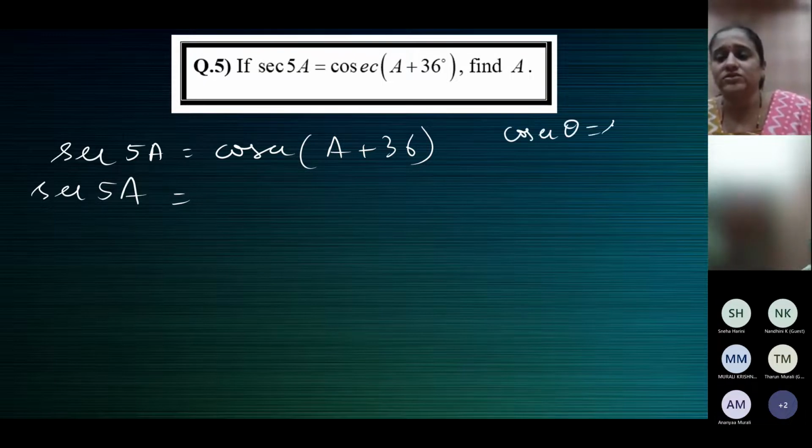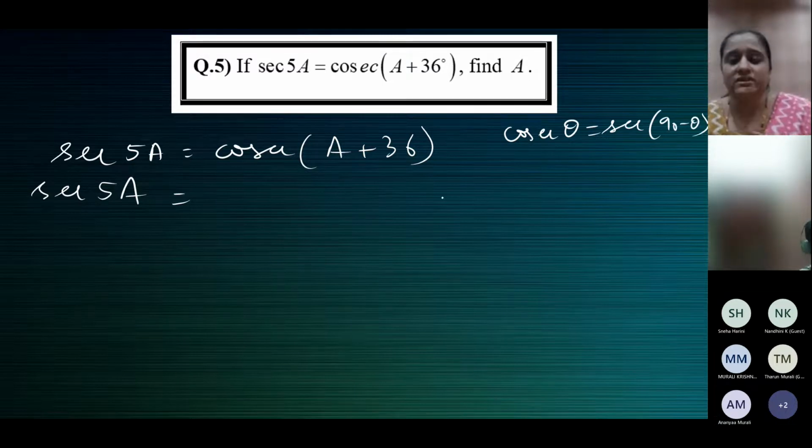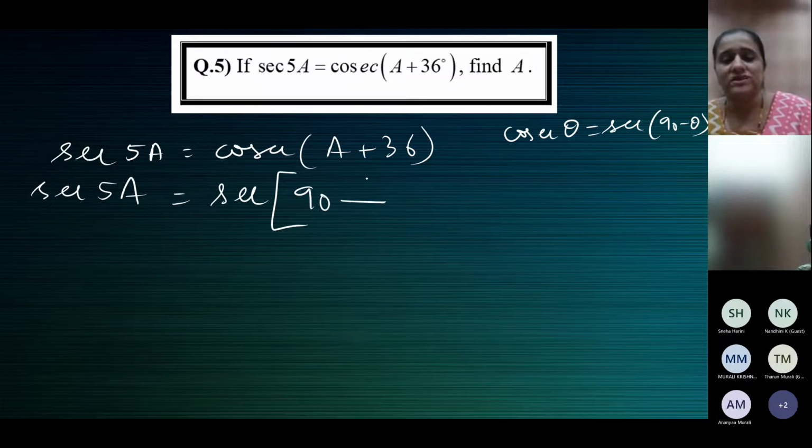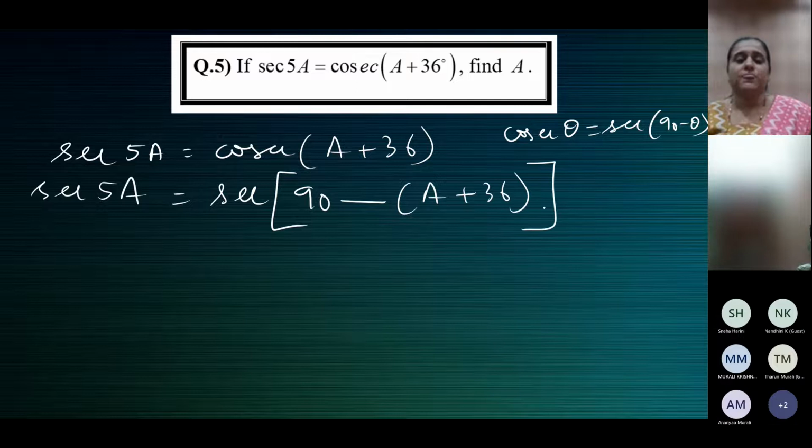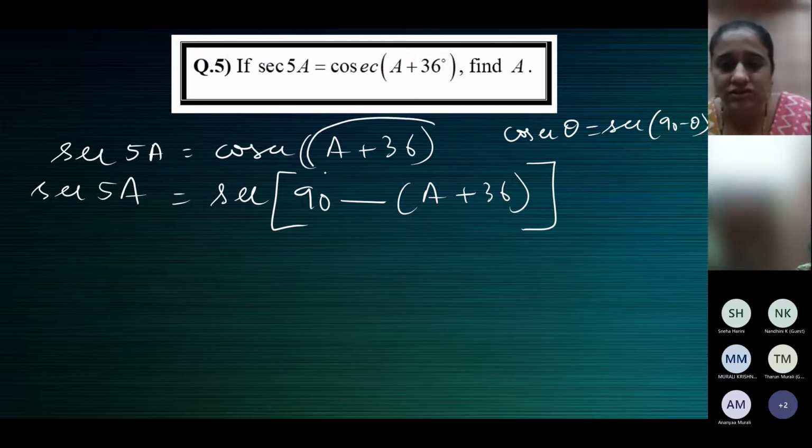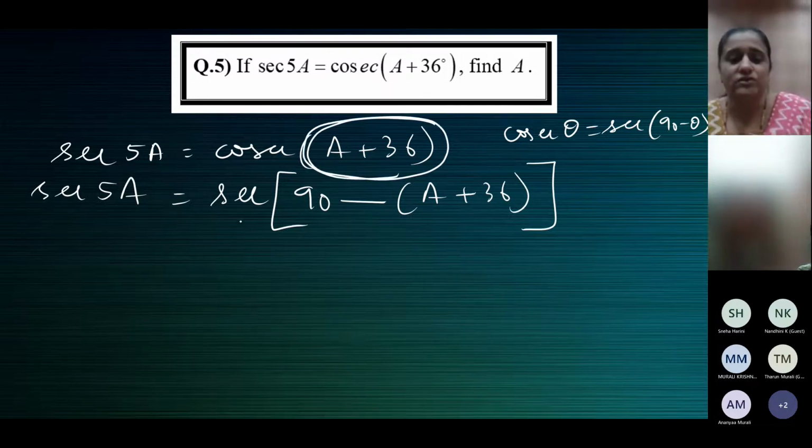Cosecant theta is equal to secant 90 minus theta. So cosecant of A plus 36 is secant 90 minus (A plus 36).